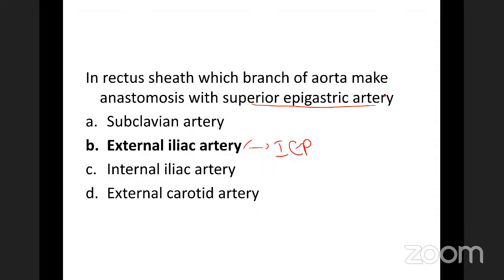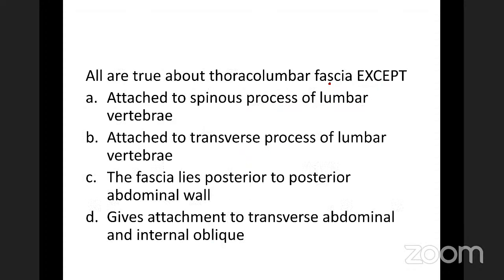All are true about thoracolumbar fascia except: it is attached to spinous process of the lumbar vertebrae. Which one? That was a posterior lamina. Attached to transverse process of lumbar vertebrae, that was the middle lamina. Gives attachment to transverse abdominis and internal oblique, correct. The fascia lies posterior to posterior abdominal wall. So to solve this, it is attached to spinous process of lumbar vertebrae is correct because posterior lamina of thoracolumbar fascia is attached to spinous process.